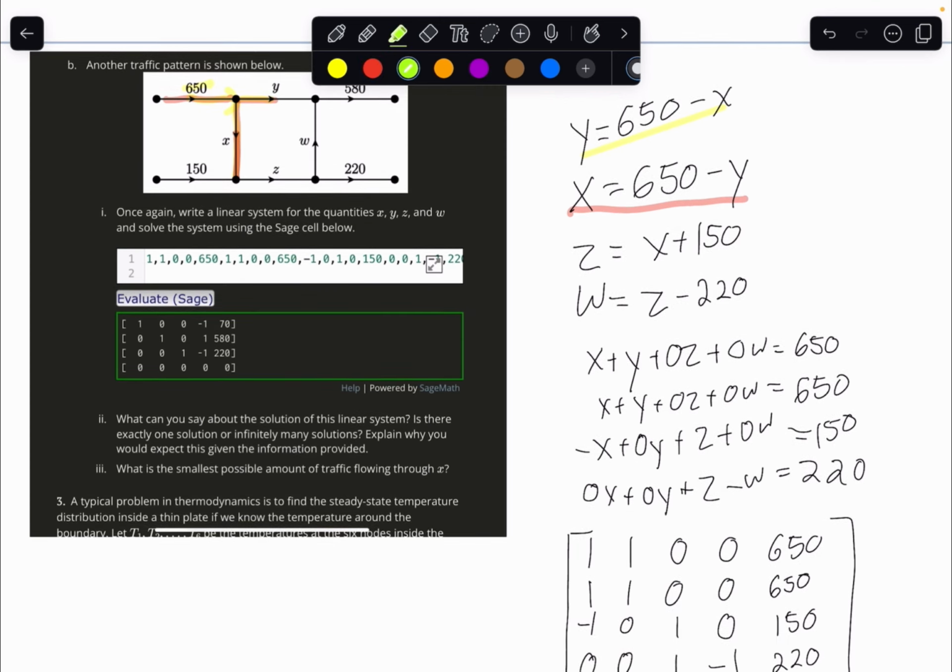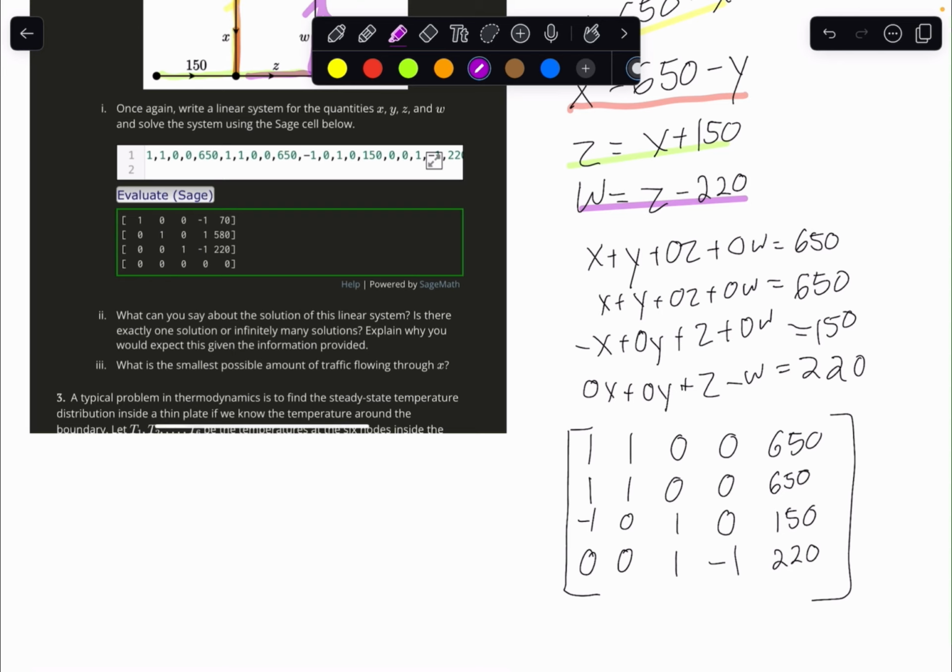For z, it is the combination of this x going into it and this 150, expressed there. And then w is this z value minus this 220. And then that goes up, which is exactly written there.